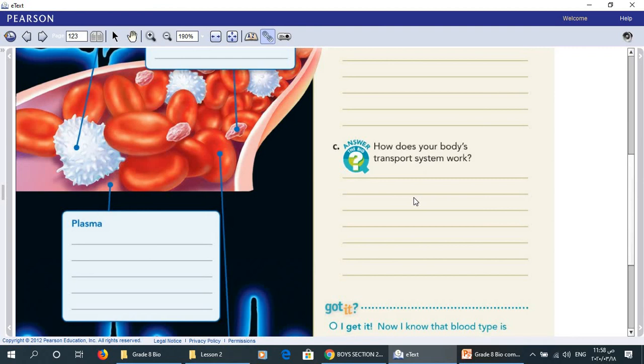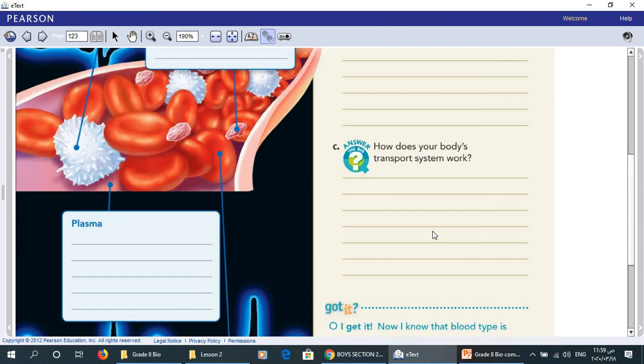The heart pumps blood through blood vessels to transport materials to body cells and to carry wastes away from body cells.